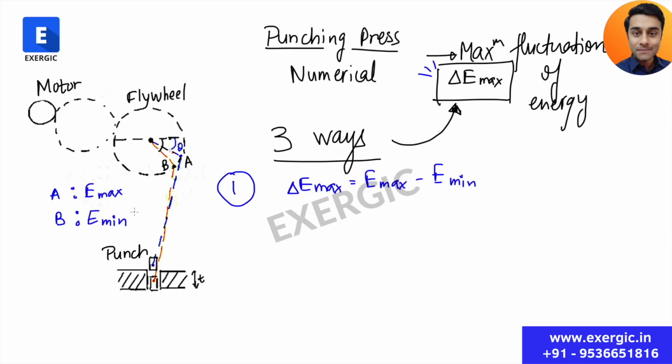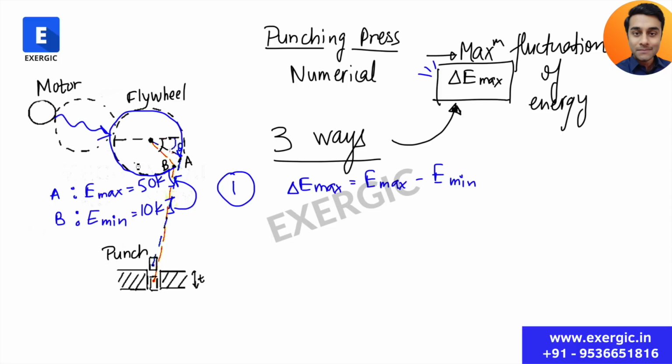Suppose the minimum energy was 10 kilojoule, the maximum energy was 50 kilojoule. So how much energy has the motor given to the flywheel when it moved from B to A? Its energy increased from 10 to 50. From where did the remaining 40 kilojoule come? Obviously from the motor.